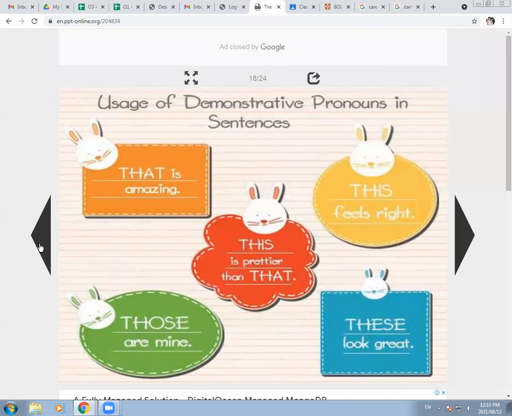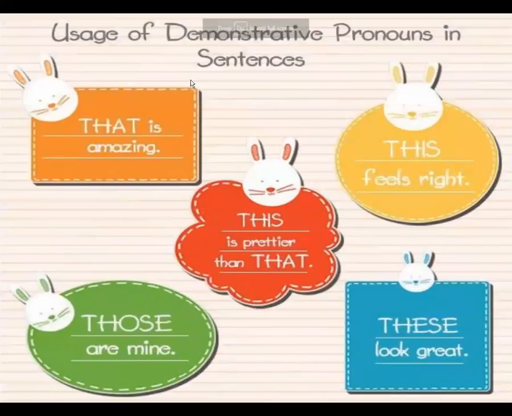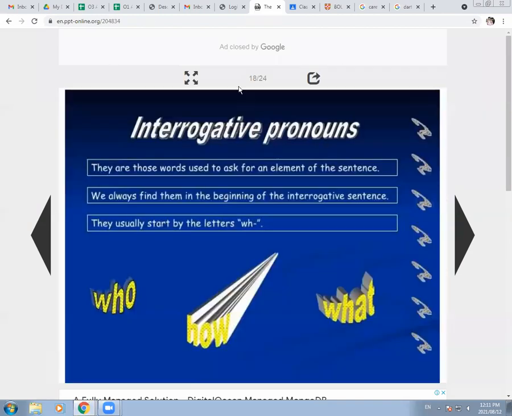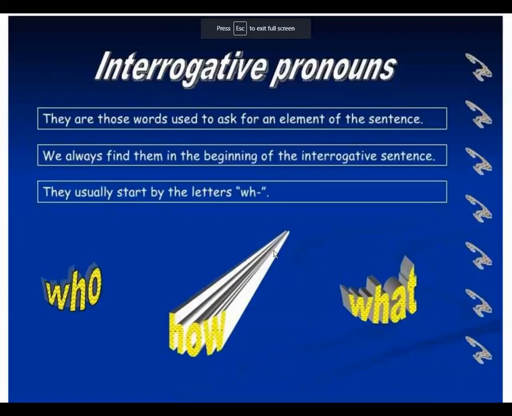I hope that my screen is there in front of you. It's visible. The next one is interrogative. You must have heard this word earlier before, interrogative. Which words do we use to question? Or can you tell me WH words? All the WH words.